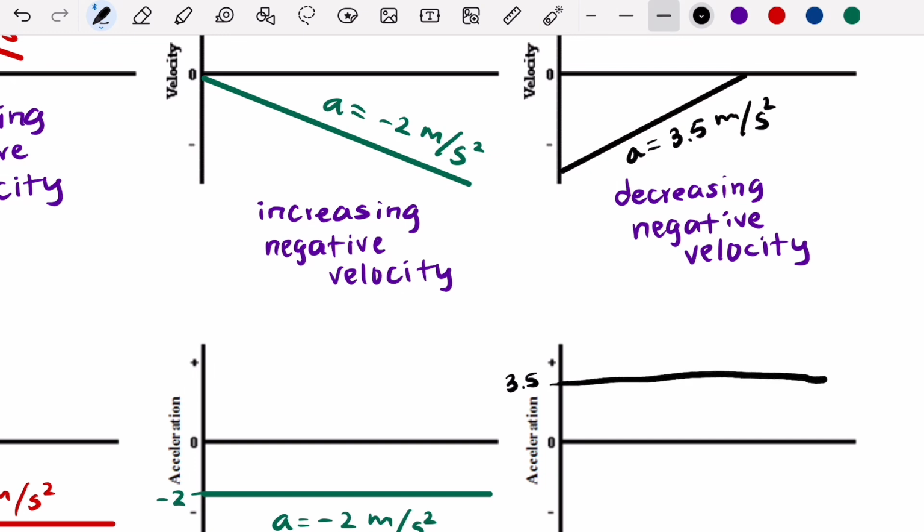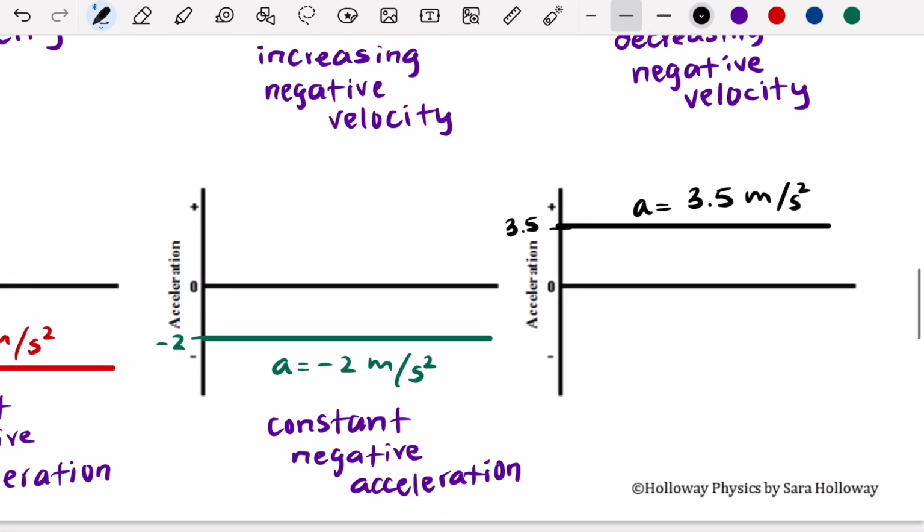And we just draw a straight line with no slope. And this is constant positive acceleration.